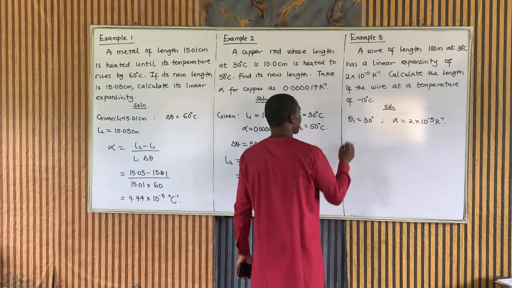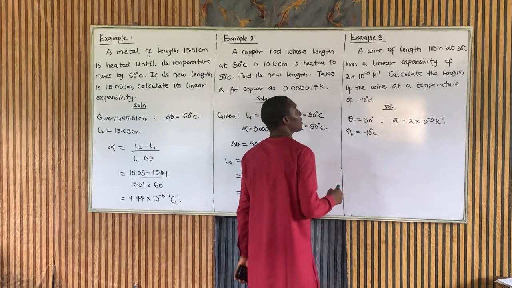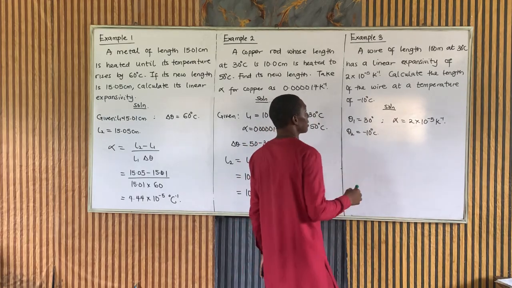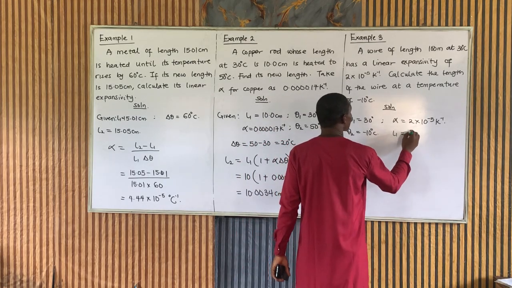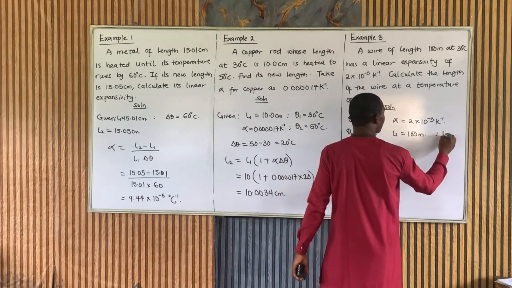We're also given our final temperature as minus 10 degrees C. And we are given the initial length as 100 meters. And we have to get now the new length.